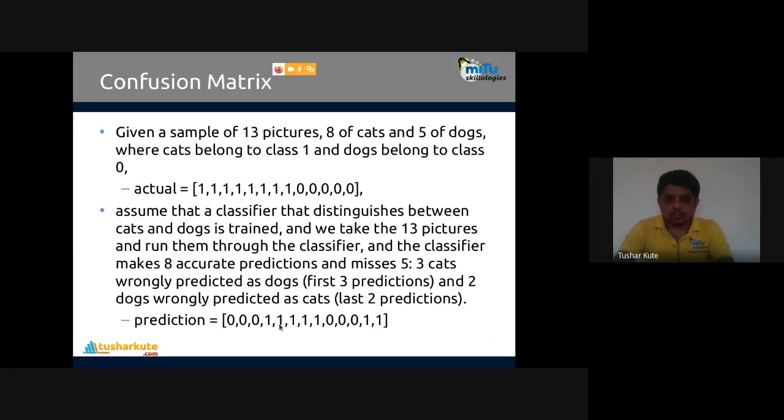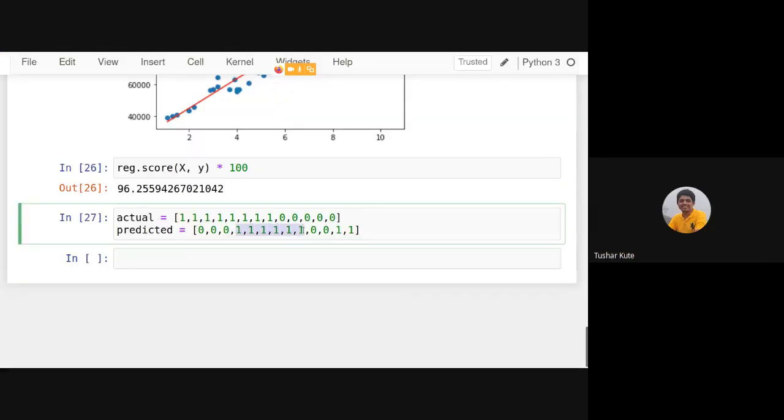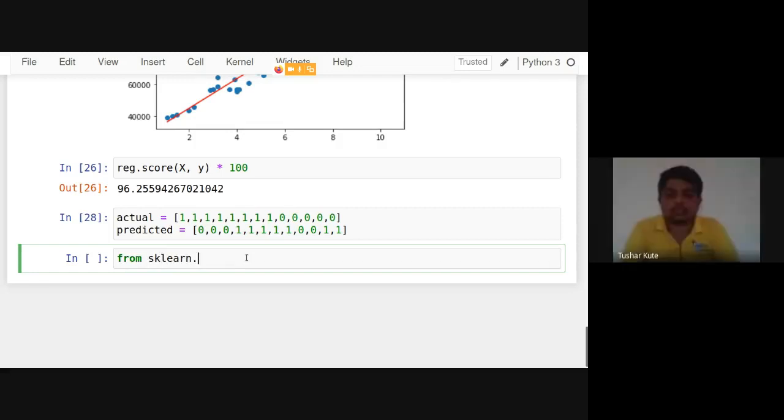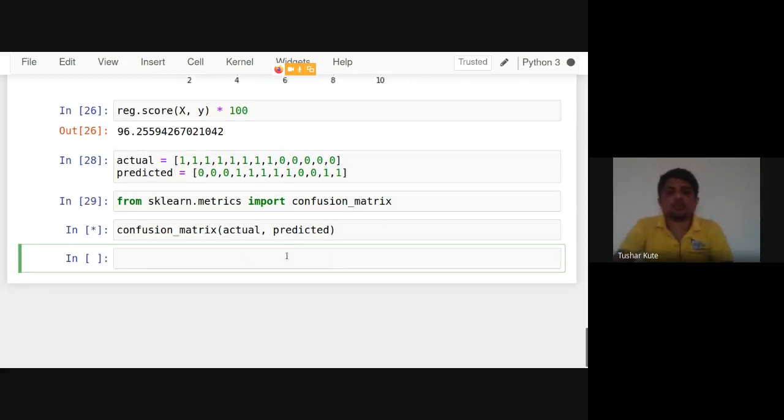Correct? Now, see this. Actual and predicted by the algorithm, where the mismatches are, will be identified. So I'll show you the confusion matrix created for this.